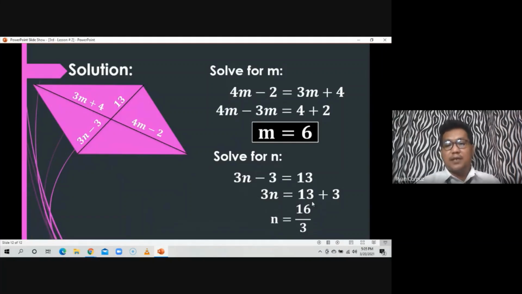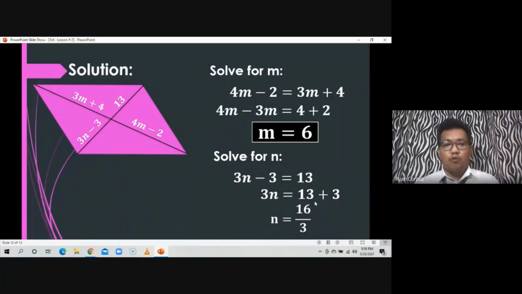Because 13 plus 3 is 16. And divide both sides by 3. So, 16 is not divisible by 3. So, it will stay as it is. So, n is equal to 16 over 3. It's about nasa 5 point something. 5.33, if rounded off.